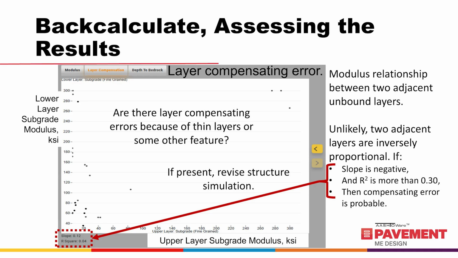Layer compensating errors are typical when one of the unbound layers is considered a thin layer and the BcT is trying to calculate the elastic modulus of a layer when the deflection basin is basically independent of the stiffness compared to the other layers. Compensating errors are defined as a negative slope with the R-squared terms more than 0.3. If compensating errors are defined, normally the pavement structure needs to be revised by fixing the modulus of an unbound layer or separating other layers.